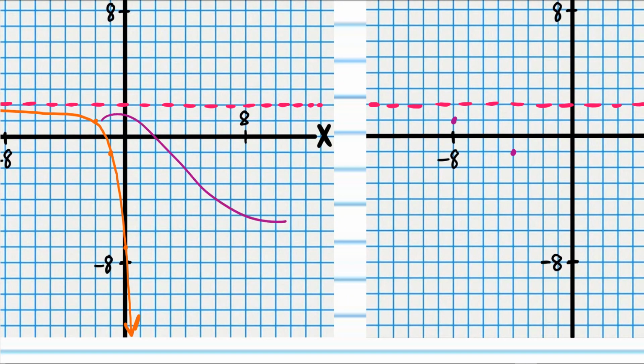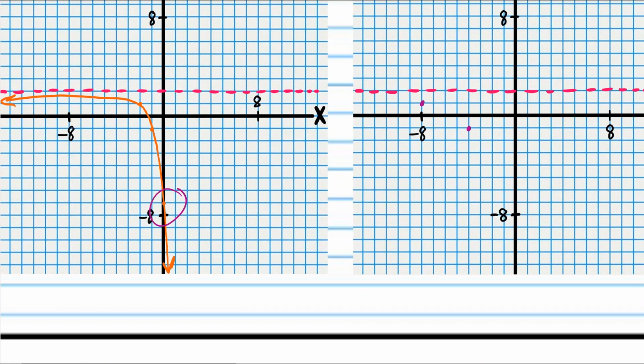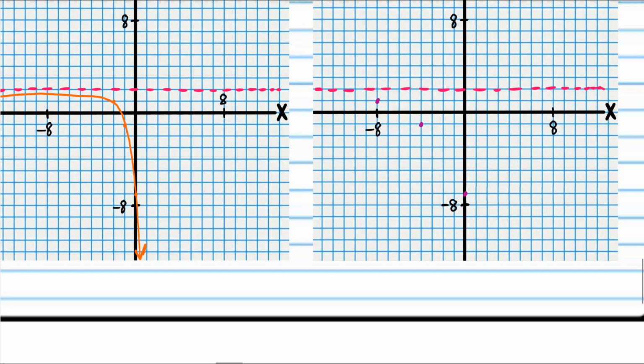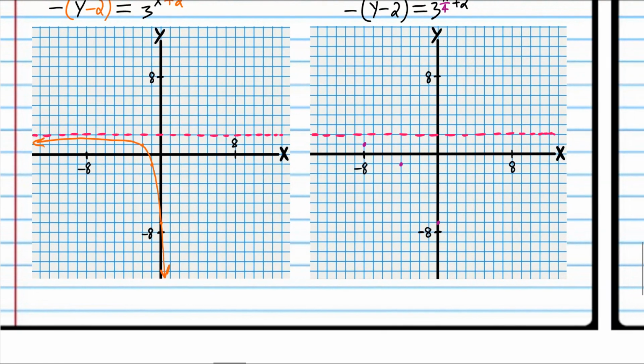So this point here became that point, and the x value of this point over here is 0, so that's not going to change positions. Again, we're multiplying all the x values by 4, so now we can just connect the dots and we're done.